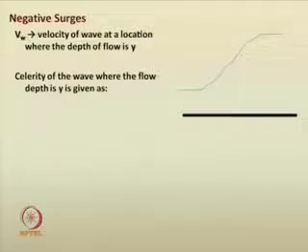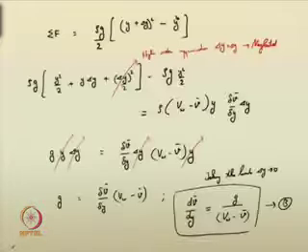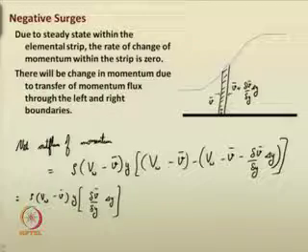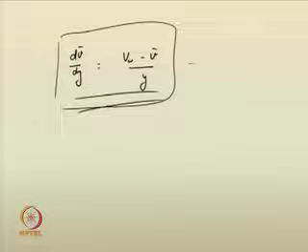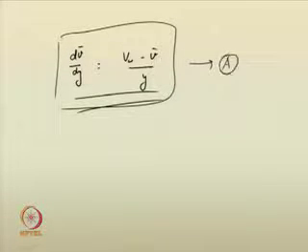It depends on the depth y. Similarly, the velocity of the wave Vw also depends on that depth y. So, for the same elemental strip, we have seen equation A and equation B.